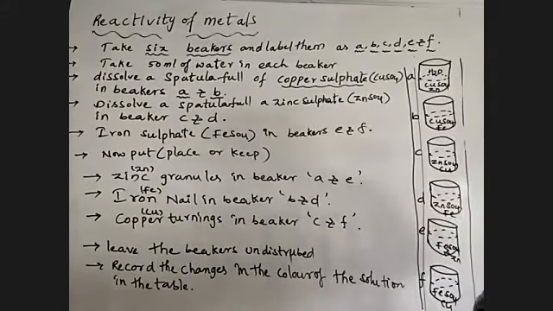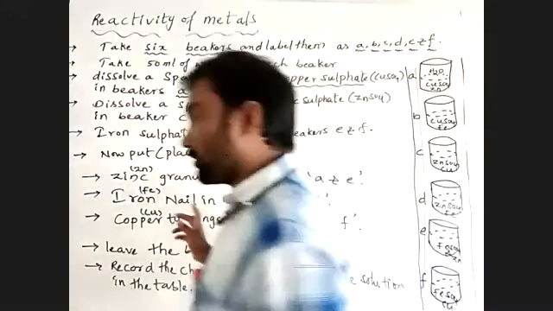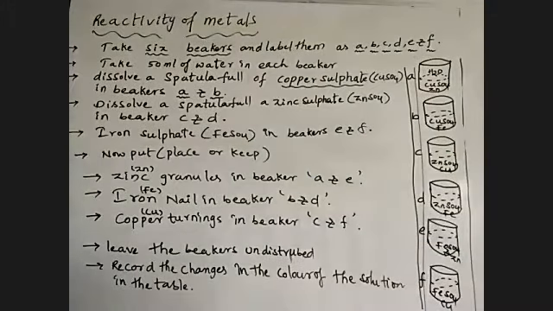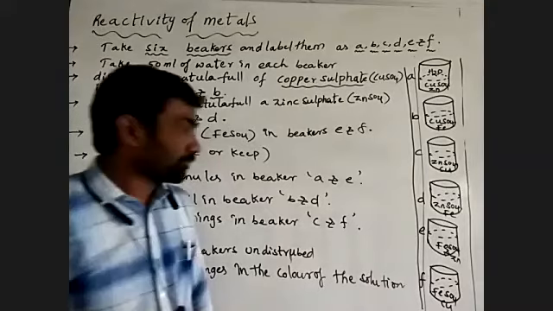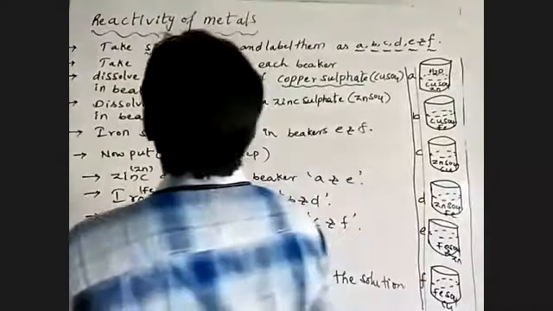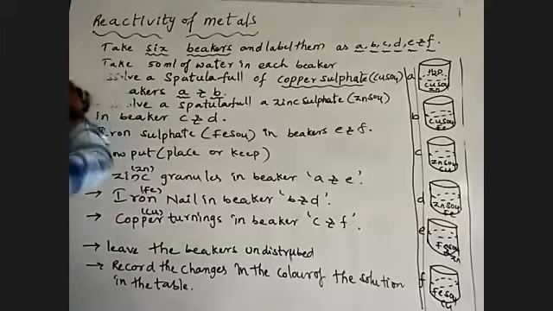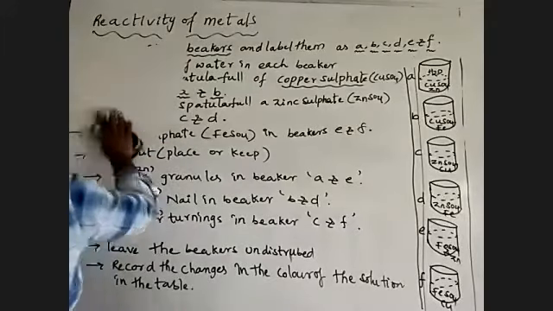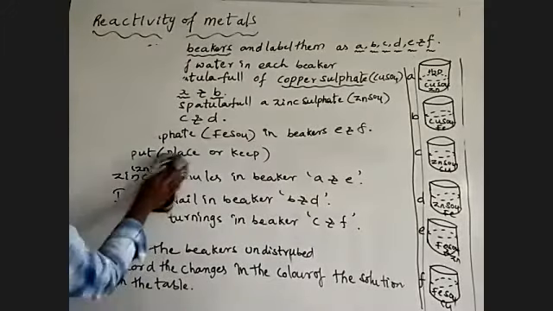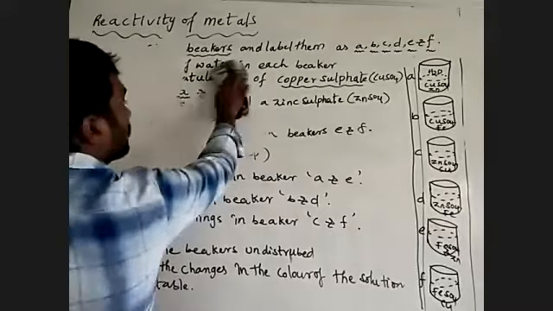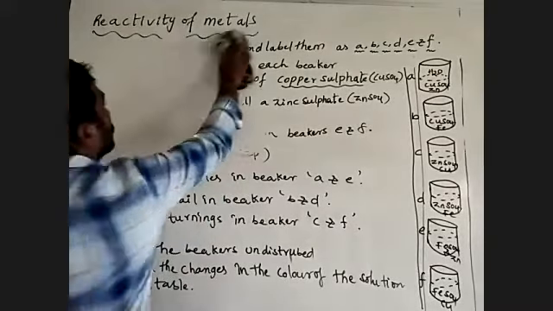Then what observations may you observe? That we will write and clarify. See here, what observations you may observe in that, and why that observation is only possible in that particular beaker. Let's talk about that.